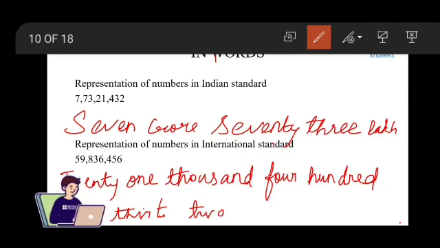Now let's learn how to represent the international standard numbers in words.